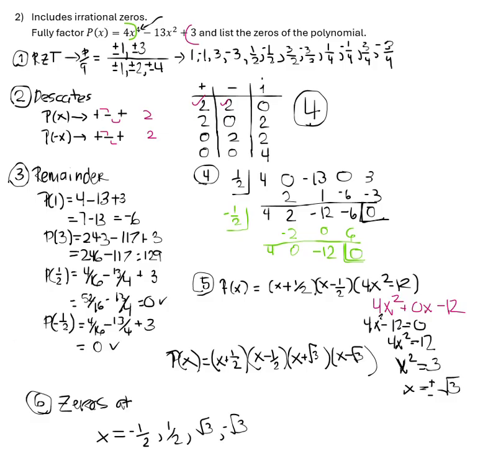Wowza. Okay, so if I put those in my yellow boxes, fully factored is here. All zeros are here. We did the rational zero theorem to figure out which numbers we wanted to check. Descartes let us know that we could have 2 or 0 of each one of them.